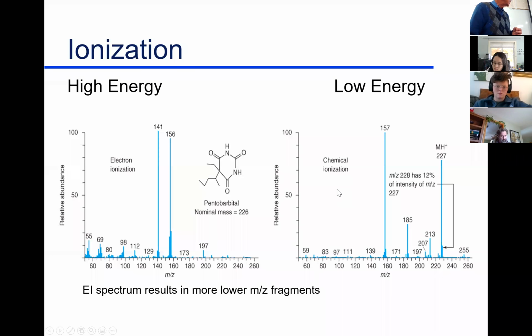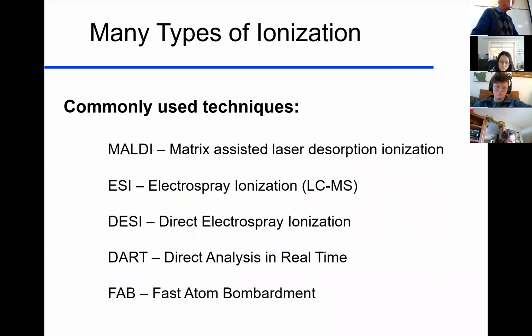If we use that lower energy, we're going to get the molecular weight over here, and we're going to get fewer fragments to look at. So there's pros and cons. The low energy gives us a molecular weight. The high energy gives us more pieces to look at structure. So they both serve their purpose.